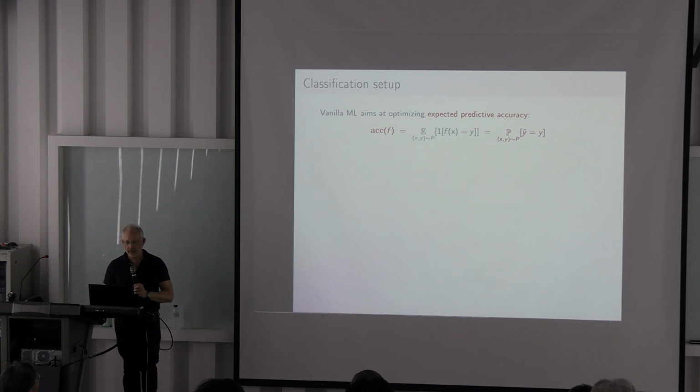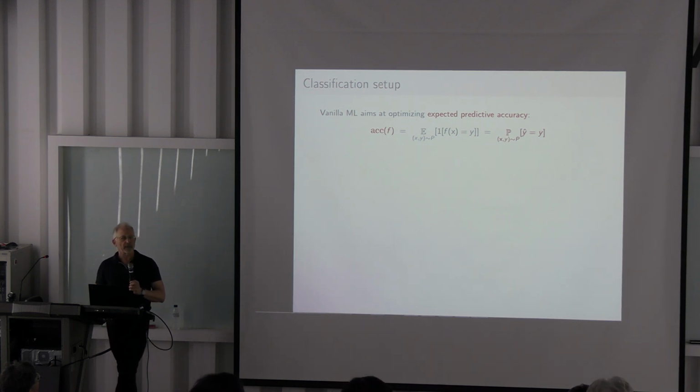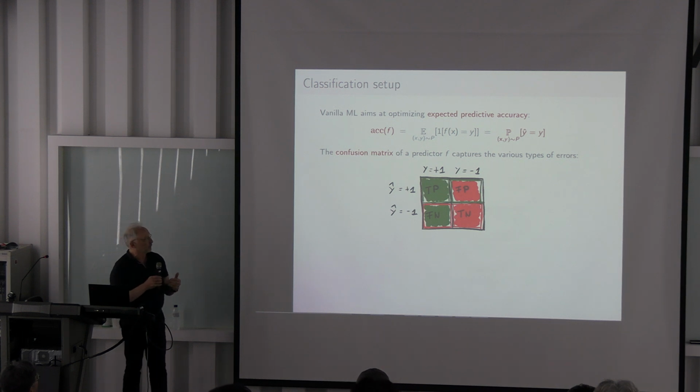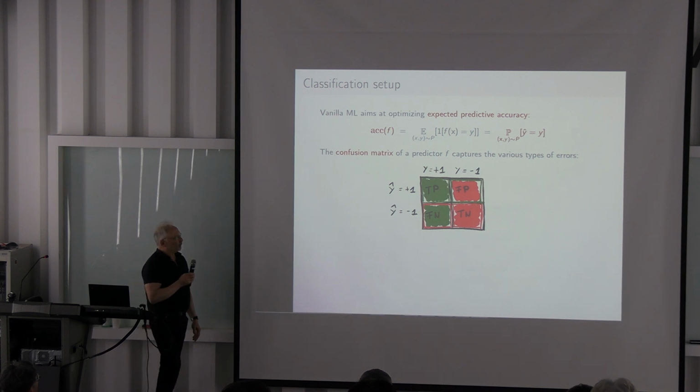So now we define the accuracy of my predictor F as the expected value over customers and their labels that my prediction y hat equals the true label y. So far, everything is completely standard, basic statistical learning, and then we can talk about these four subsets of the population.